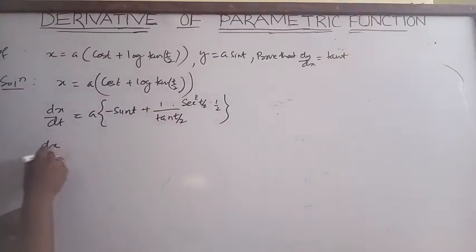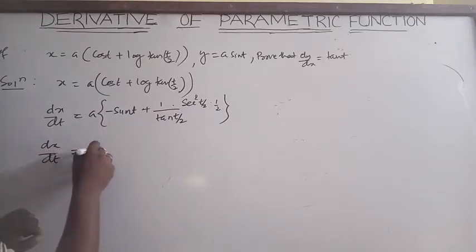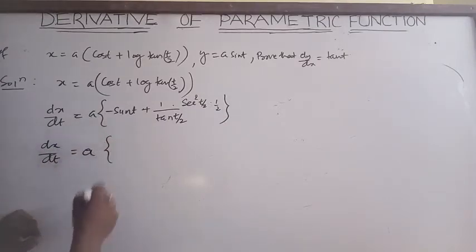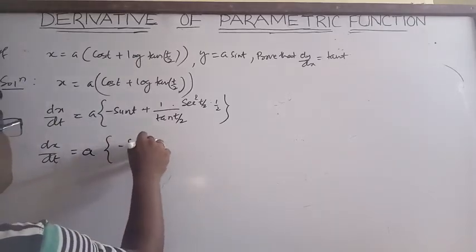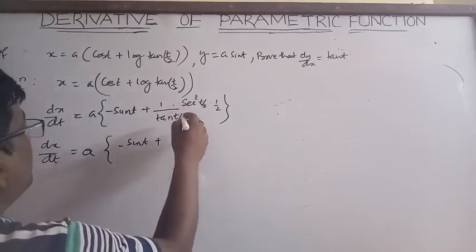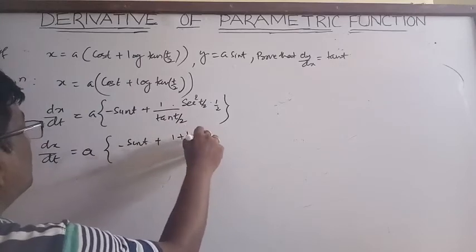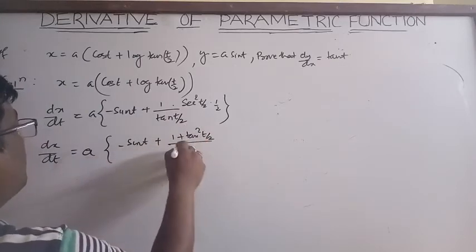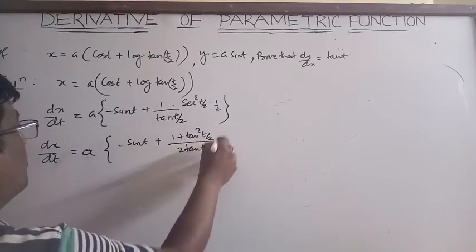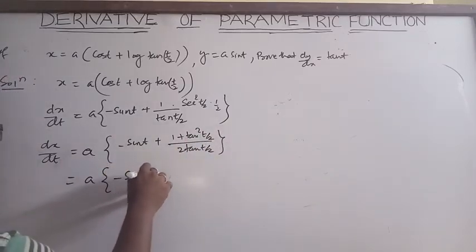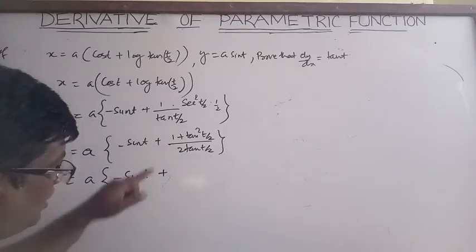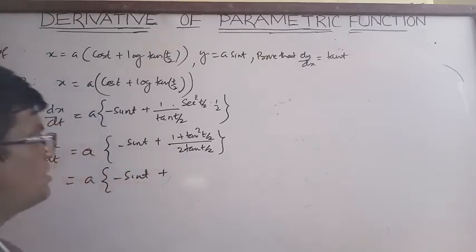Then dx by dt is equal to a times minus sin t plus sec square t by 2 means 1 plus tan square t by 2, divided by 2 tan t by 2. And 2 tan theta by 1 plus tan square theta means sin 2 theta.